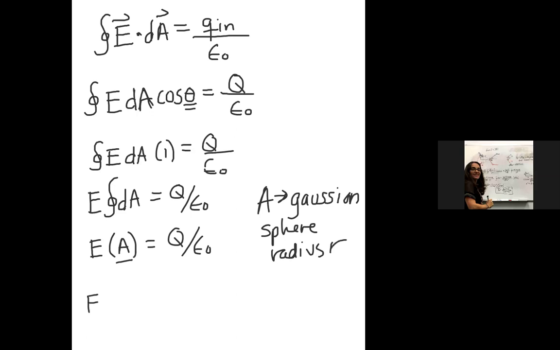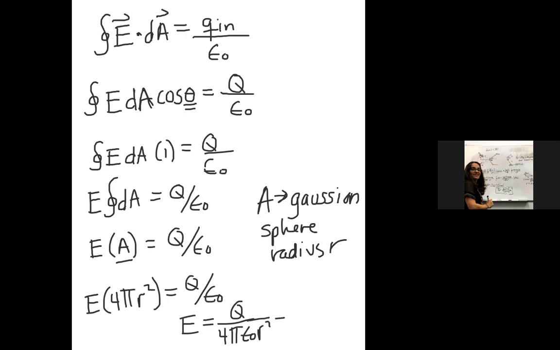So my Gaussian surface is 4 pi r squared, and 4 pi r squared E equals q over epsilon naught. So E is equal to q over 4 pi epsilon naught r squared, which we could write as k_e q over r squared. Well, it seems like we already knew that. But there's our answer.